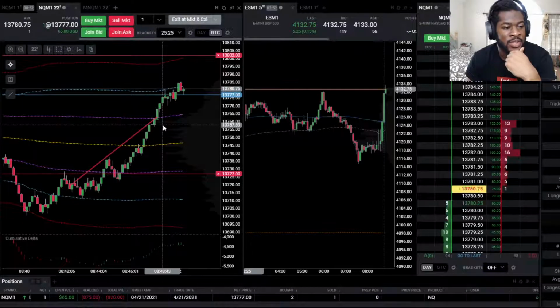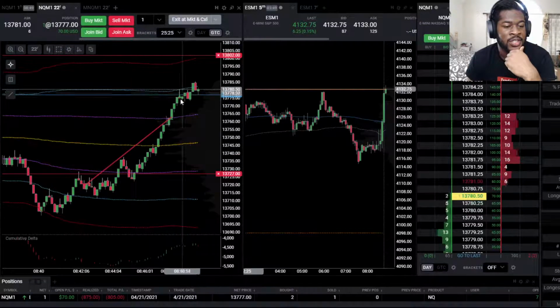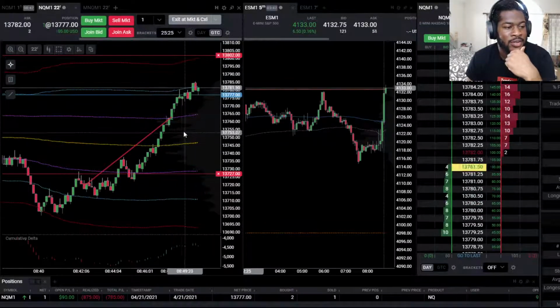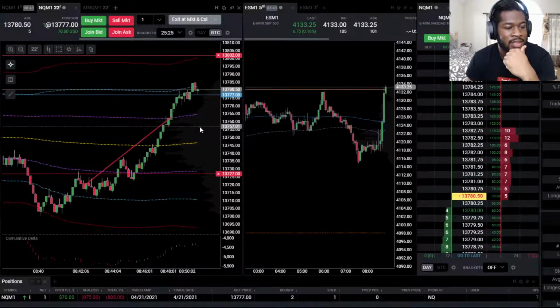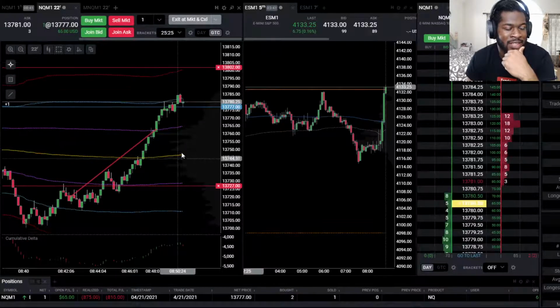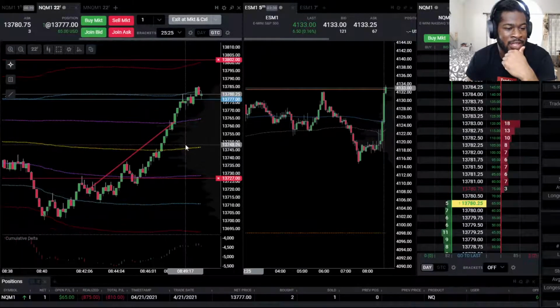Almost don't know if I even want this trade to work because what I just did here is something that I would consider wrong. Usually I would never take a trade like this. And so if this profits, it's almost like there's no rhyme or reason to anything.